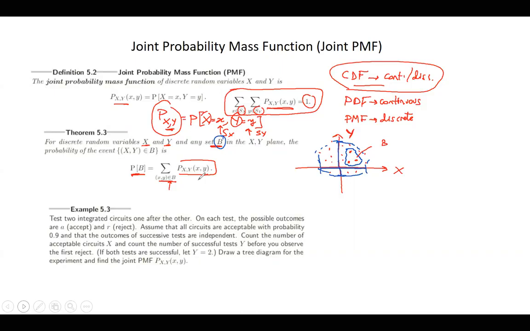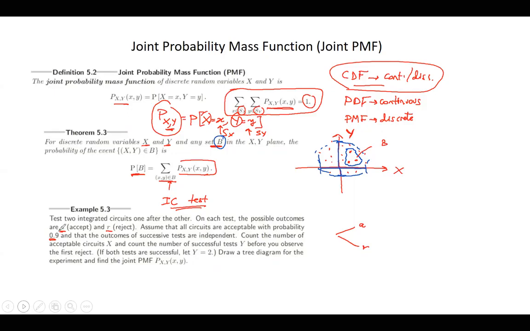Let's see this in an example. We got the IC test. This is a very common experiment. On each test, we have 2 outcomes, accept or reject. Assume that all circuits are acceptable with probability 0.9. So when I make a test, I got accept or reject.